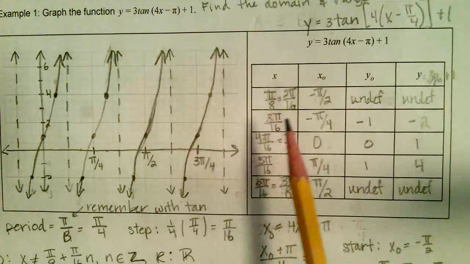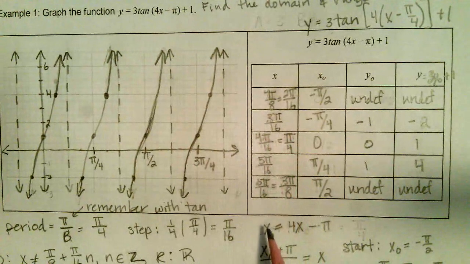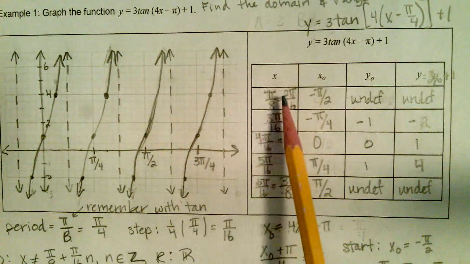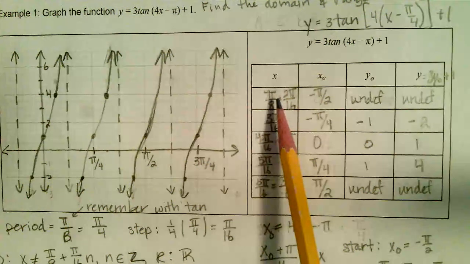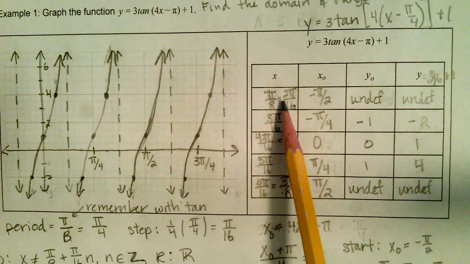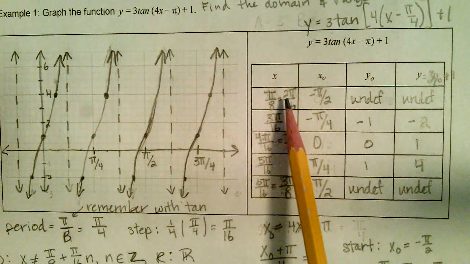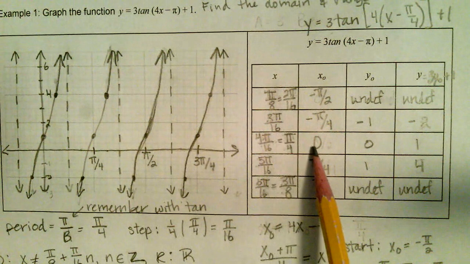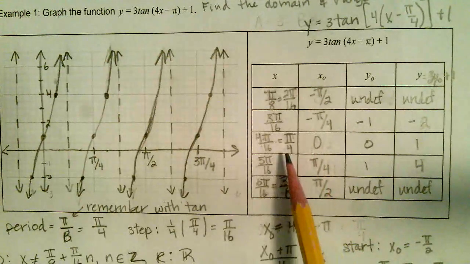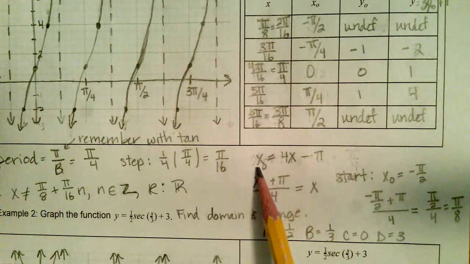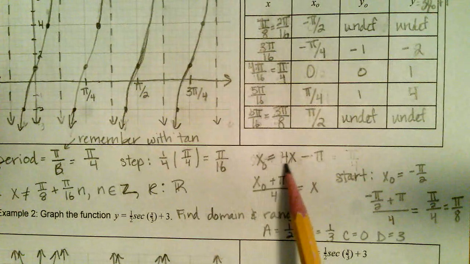And the other thing that's different with tangent: a lot of times in our tables with sine and cosine, we changed our first value to negative c. Okay, you can change your 0 value to negative c. But a lot of times what I do is I know that my original x is now 4x minus pi, which is just coming from here.